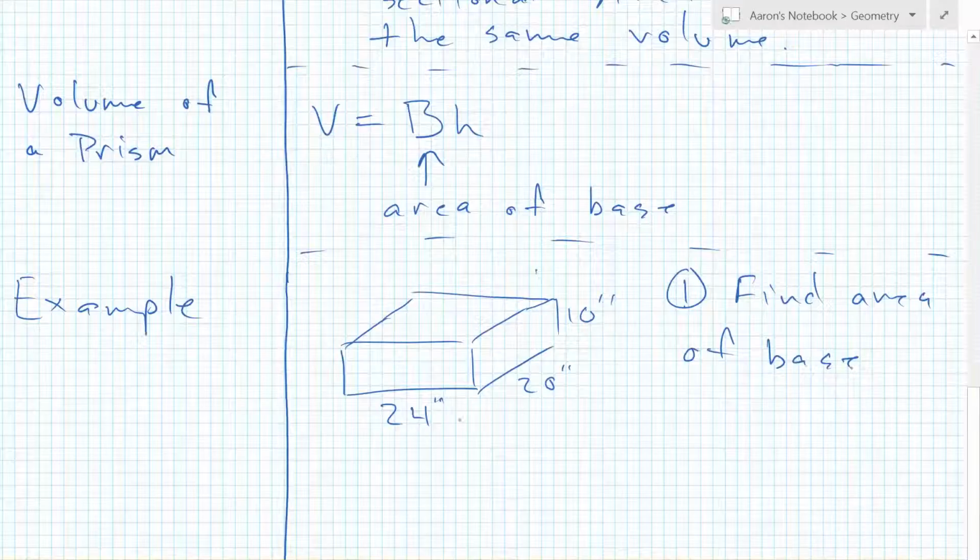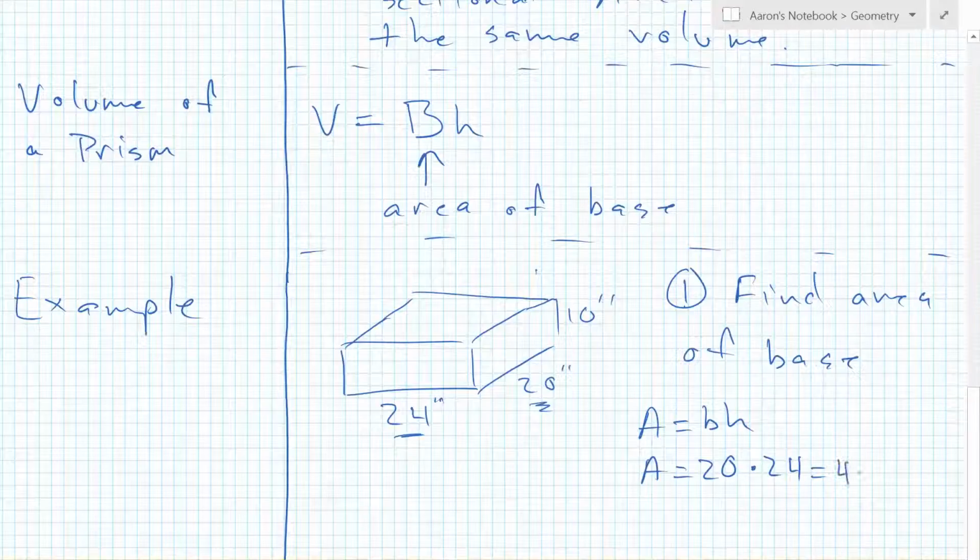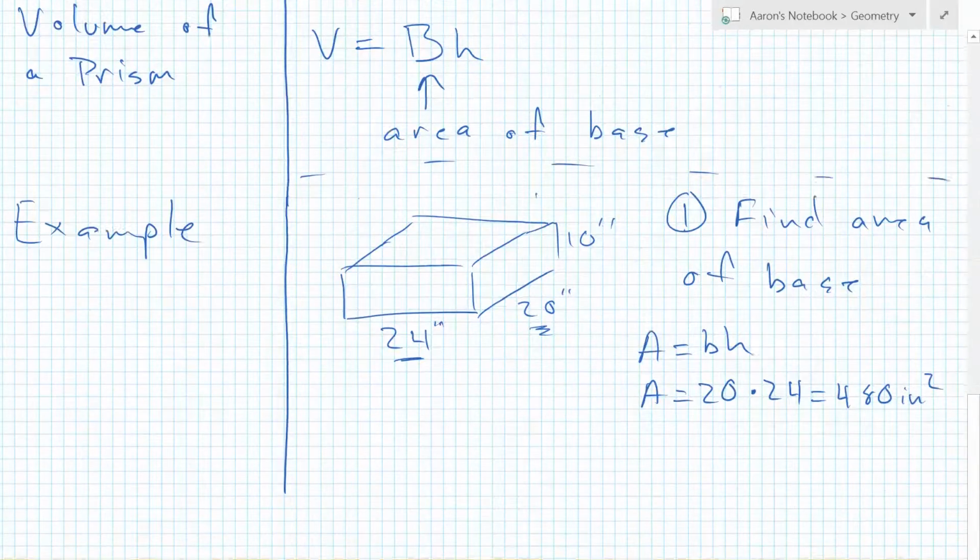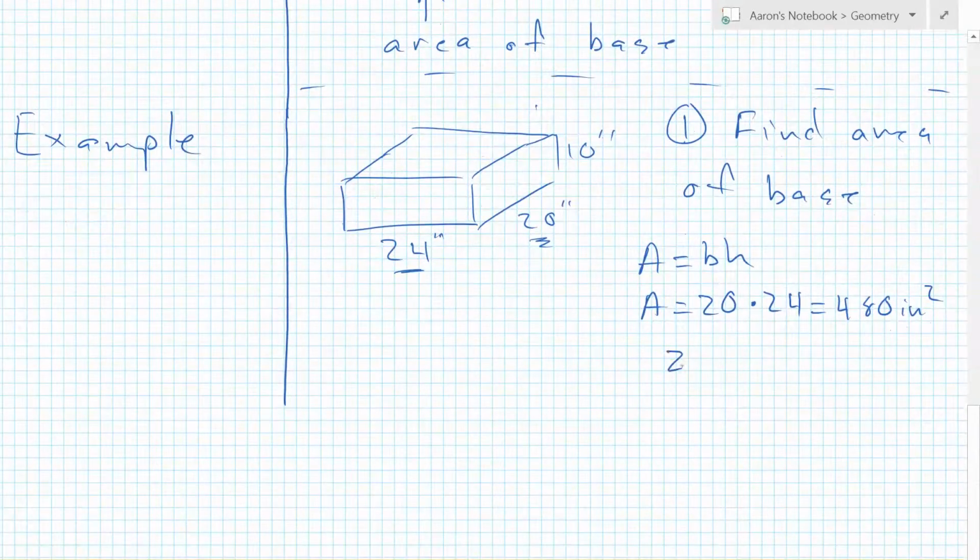And to find that, we're going to use the 24 and the 20. So area equals base times height. So area equals 20 times 24, and we're going to get 480 inches squared. Great.